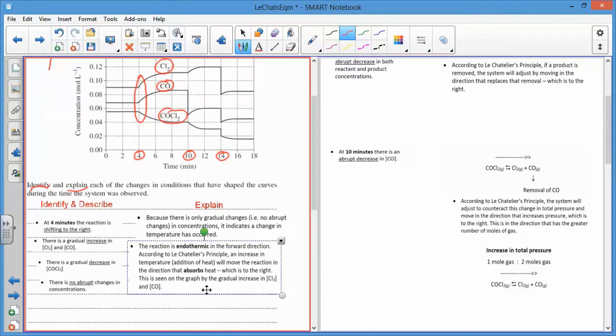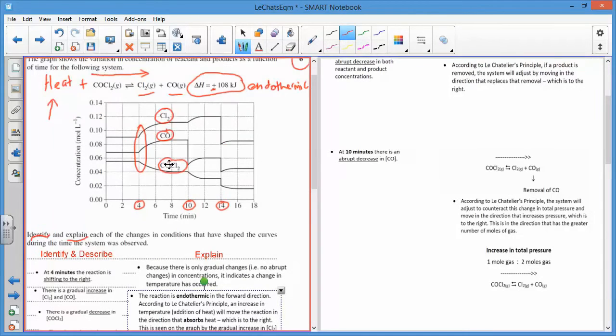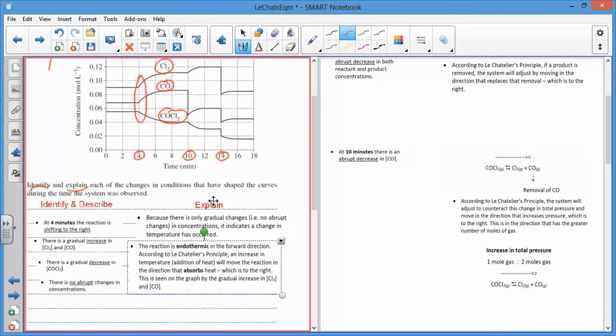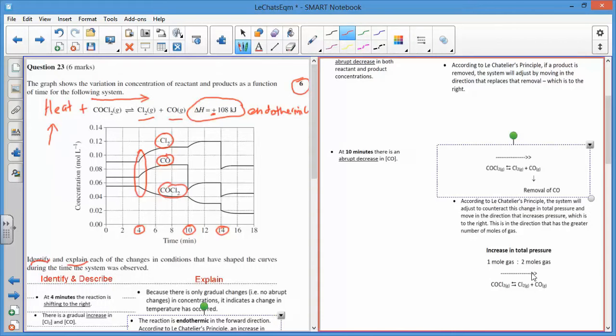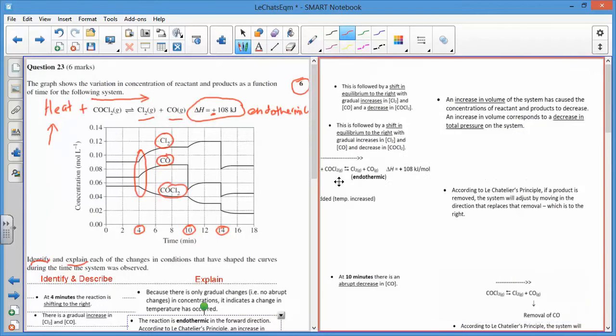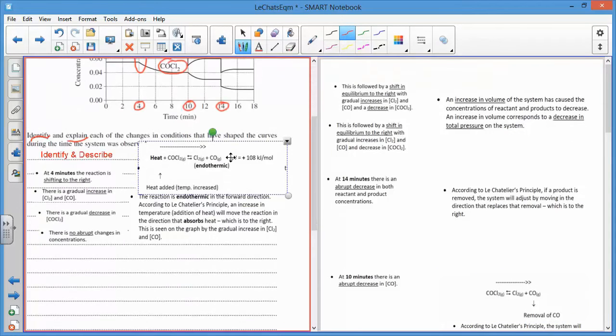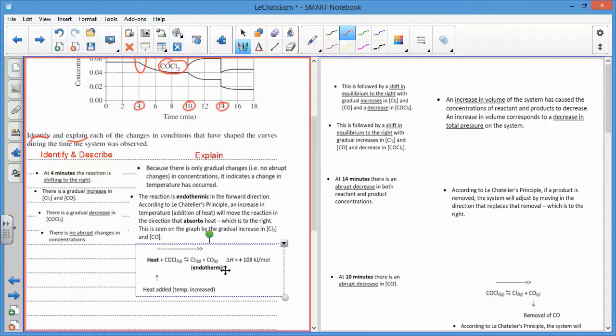According to Le Chatelier's, an increase in temperature, which is addition of heat, will move the reaction in the direction that absorbs heat, which is to the right, and this is evidence in the graph. If we look at the equation, I've scribbled it up here, a nicely written equation to show this.